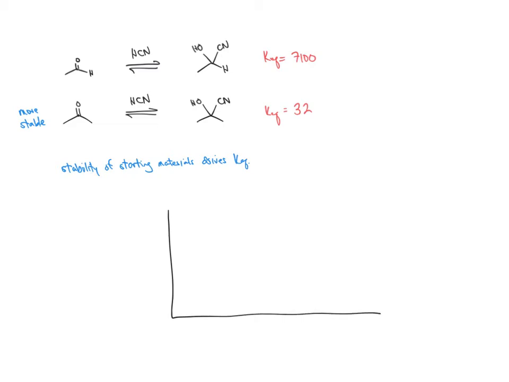So let's take a look at what that would look like. So we said that ketones are going to be more stable than aldehydes. So let's draw these two kind of like this. And so the transition state energies are going to be about the same. All right, the product energies are going to be about the same. And so the only difference really here is that we have now a big gap in between the energies of the starting materials.